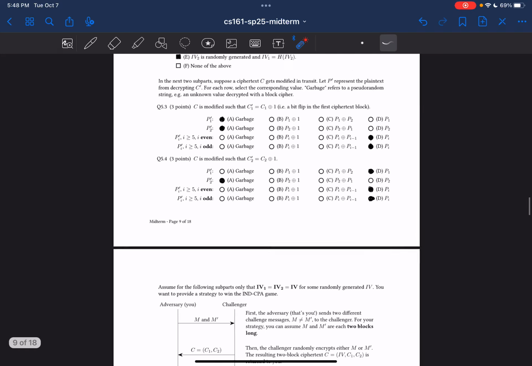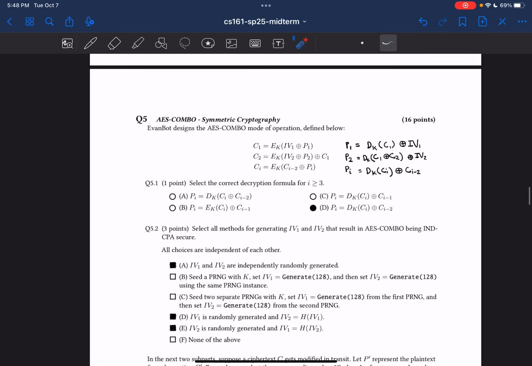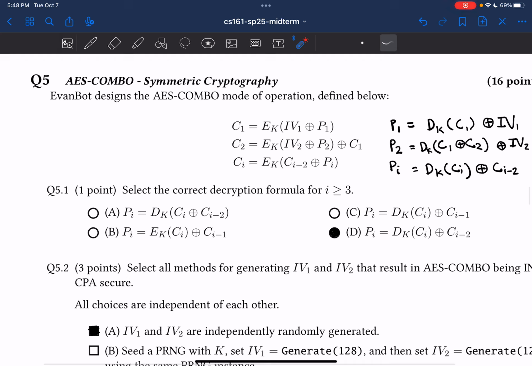If we look back at the encryption algorithms, specifically what I discussed earlier when I was talking about 5.2, when IV1 and IV2 are equivalent, then these 2 encryption blocks look very, very similar. In fact, if we set P1 and P2 to be the same, then these 2 encryption blocks are identical, except that C2 is getting XORed with C1.